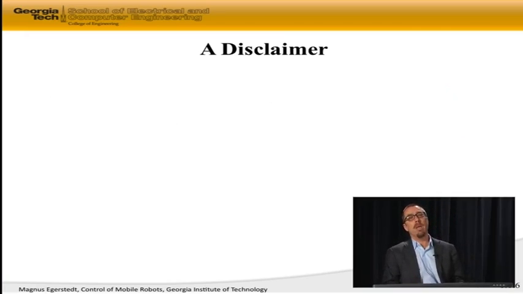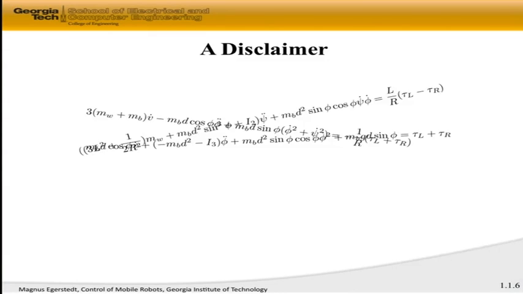Before we do this, though, I want to make one minor, or maybe even major, disclaimer. To do robotics right, and to do control theory right, there is no way around the fact that you need math. So mathematics will play a key role. And this may be a little uncomfortable to some of you at first, but we're doing it for a reason. And I will try my best to make sure that I explain why we're actually going through all the stuff that we're going through.